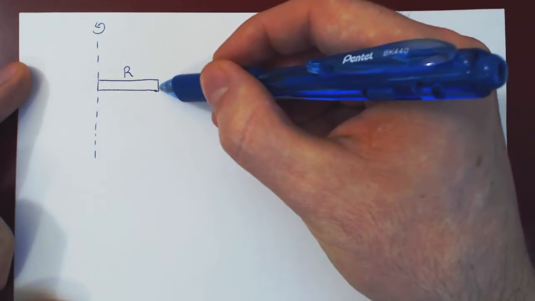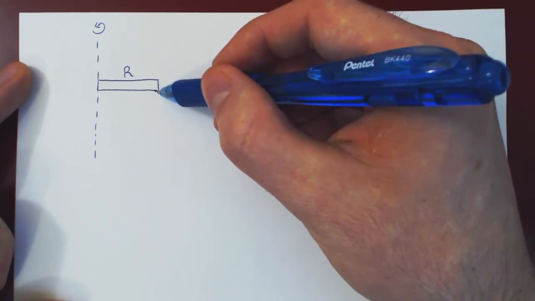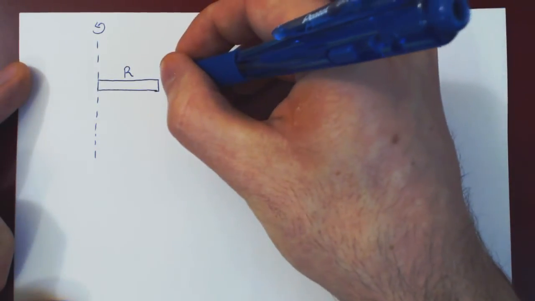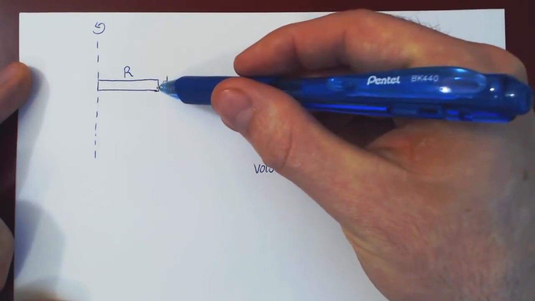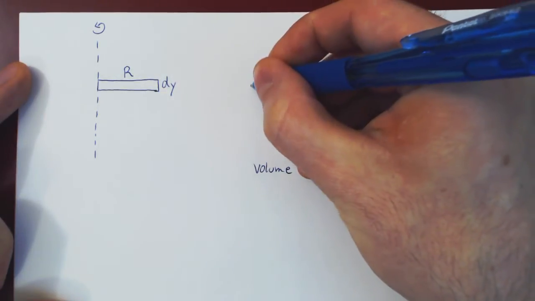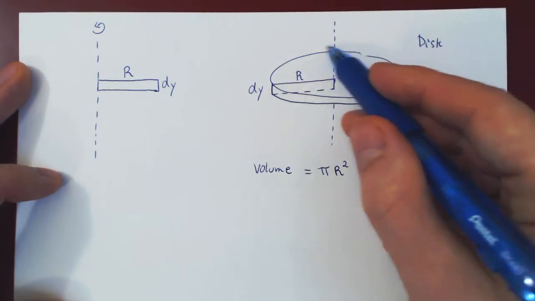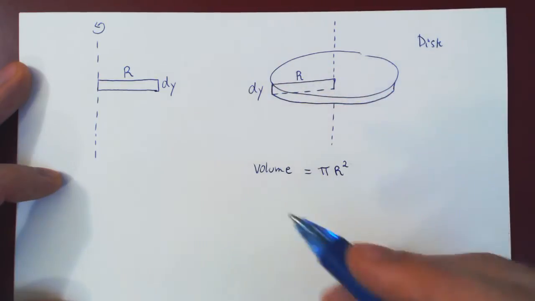So a width shrinking to 0, so we need here a symbol to represent a width along the y-axis shrinking to 0. Of course this is dy, an infinitesimal change along the y direction. So the height, or the thickness of our disk, is dy, and so the volume is the area of the circle, pi r squared, times the thickness of our disk, dy.